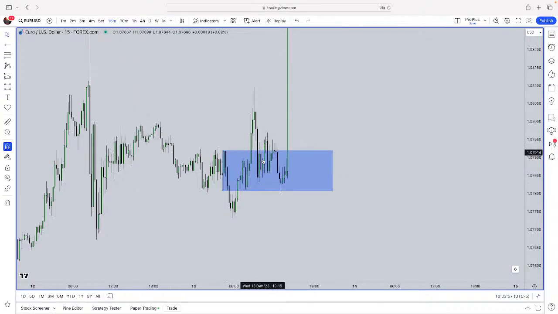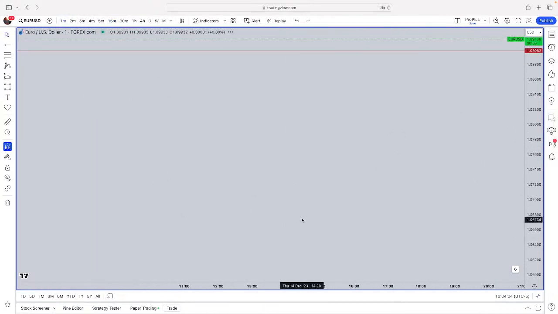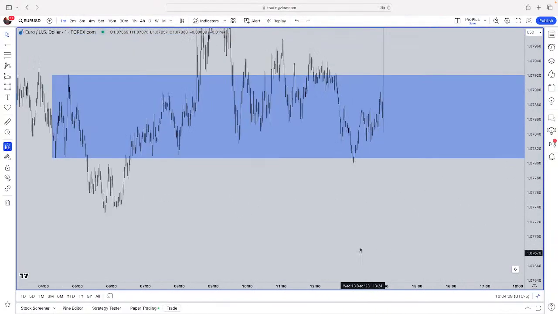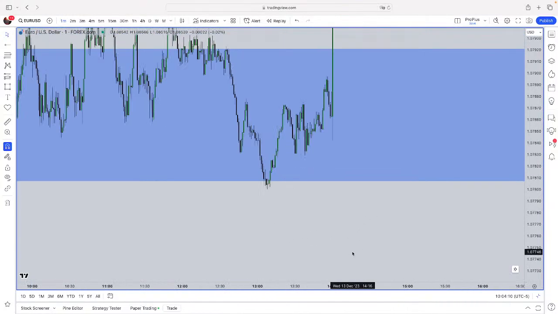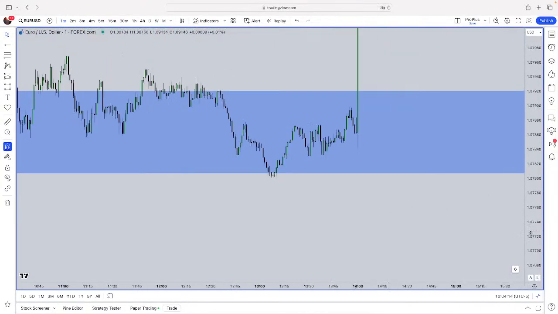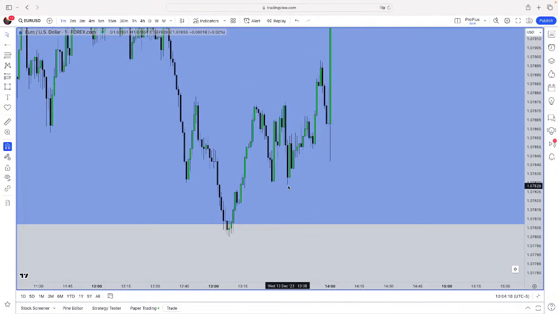And look how price is reacting inside the breaker. And then let's go on the 1 minute. And then where was it? Here. So it makes a lower low, higher high.